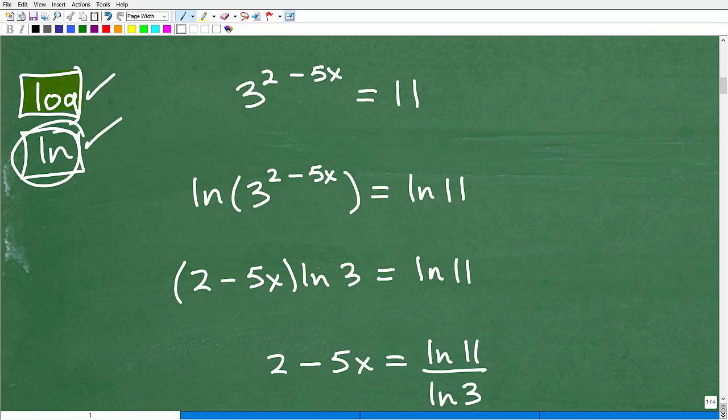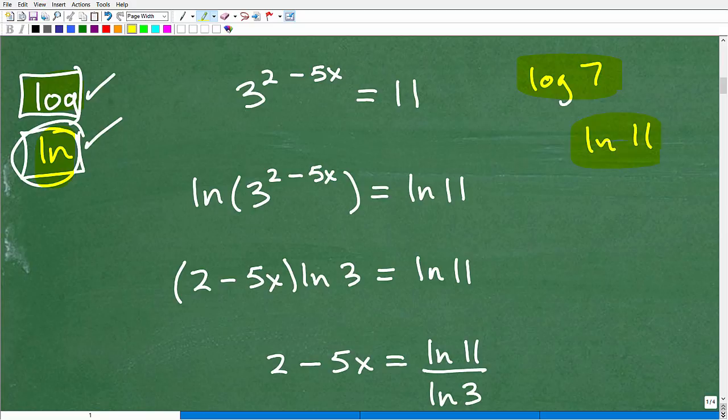Either one of these would work, but I'm going to go ahead and use the ln button. So we're going to take the ln of both sides. That's going to look like this: ln of 3 to the 2 minus 5x equals ln of 11. One thing you need to always be mindful of is that when you have the log of a number, like log 7 or ln 11, these are actual numeric values.